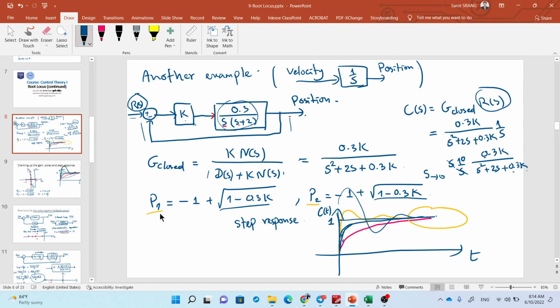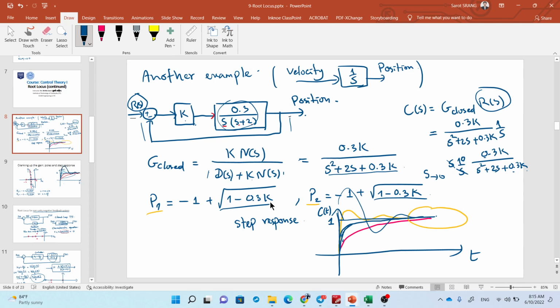In this example the denominator is a second order polynomial, so the roots of the denominator are p1 and p2, and they are the poles for the closed loop transfer function. If we increase the value k here, we can see that the imaginary part increases.